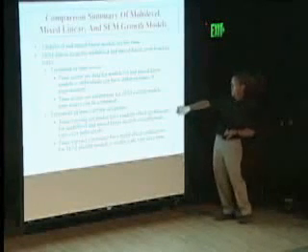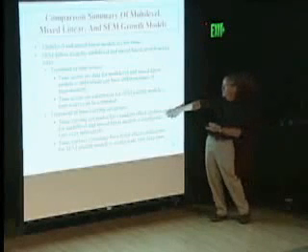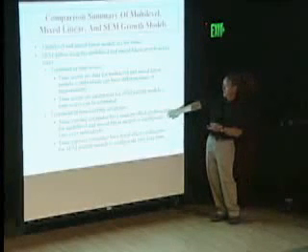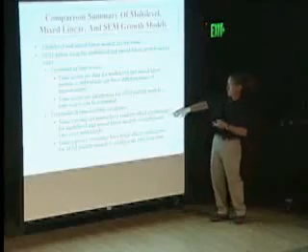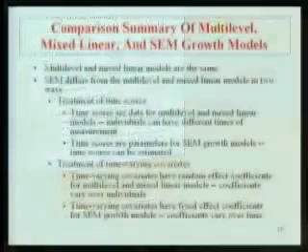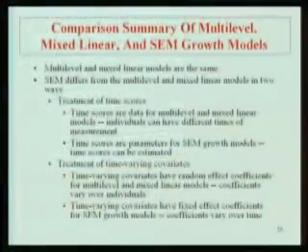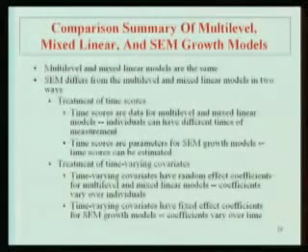And in the multilevel mixed linear model world, time-varying covariates can have random slopes as well. That is, coefficients vary across individuals. So a given amount of math course taking may have different impact on the achievement for different students. Say students who are at a low level or a high level may benefit differently from a given amount of the time-varying covariates.